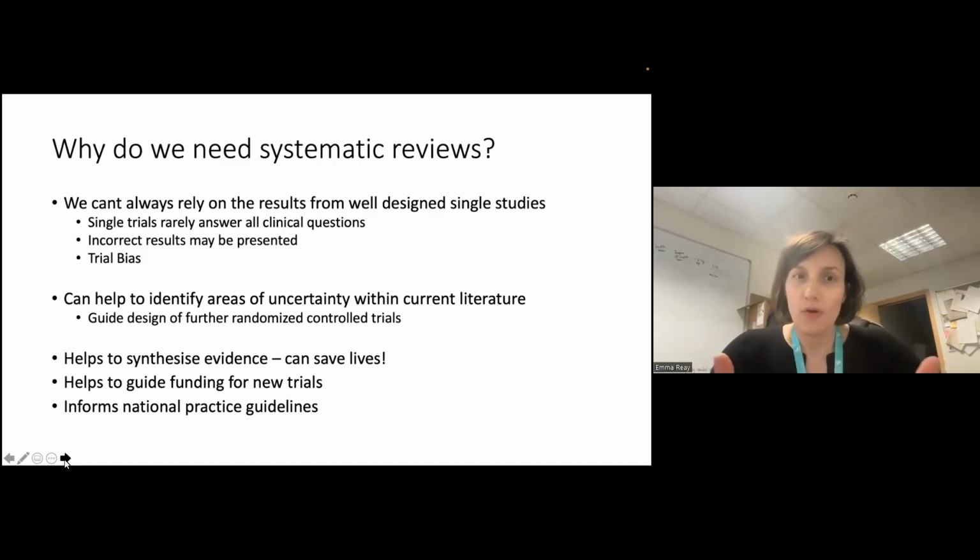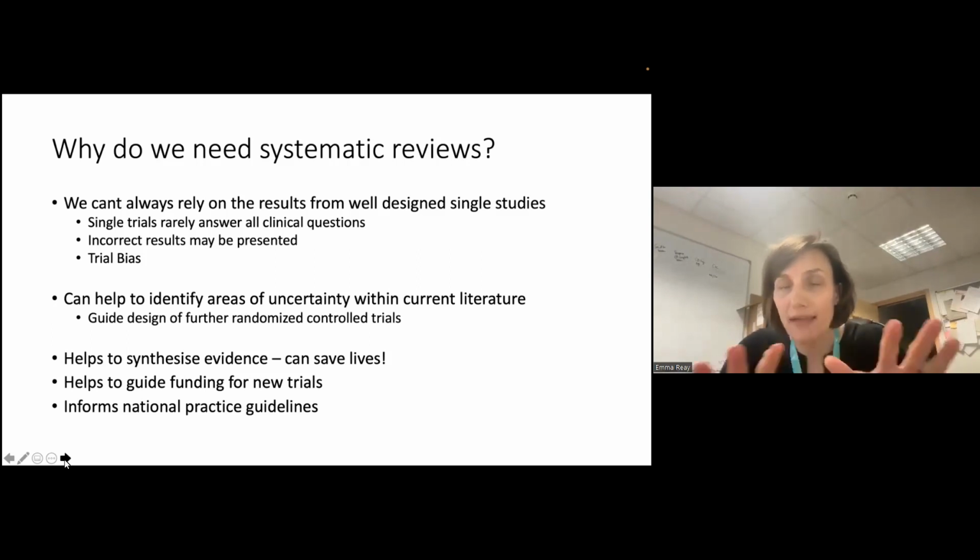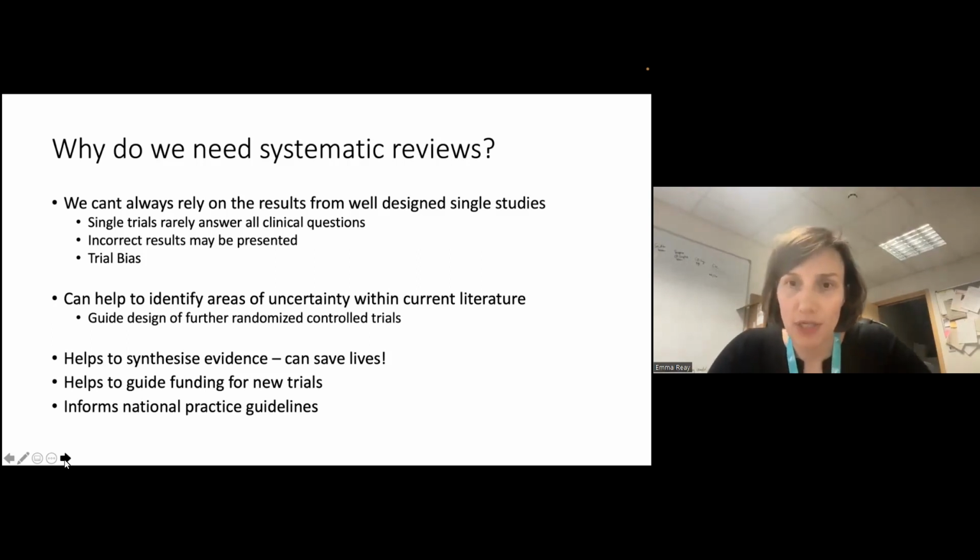And despite all of the mechanisms that Chris presented about reducing trial bias, there still may be some bias involved. The other good thing about a systematic review is because it assimilates a lot of information, a lot of different studies, it can help identify an area of uncertainty within the current literature to guide further design of randomized controlled trials, for example.